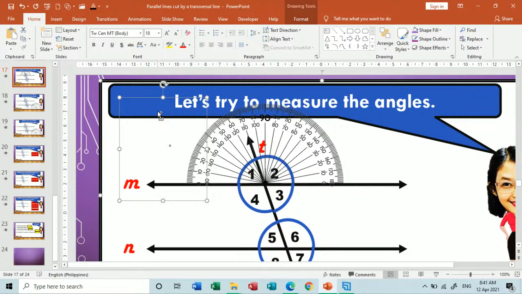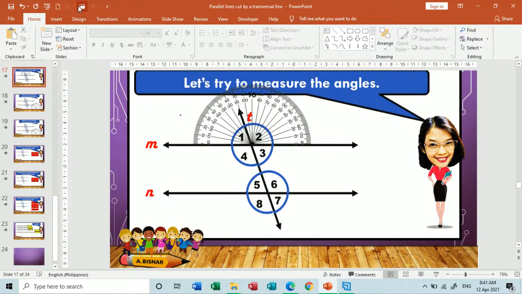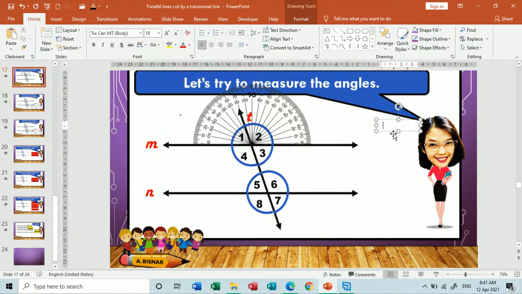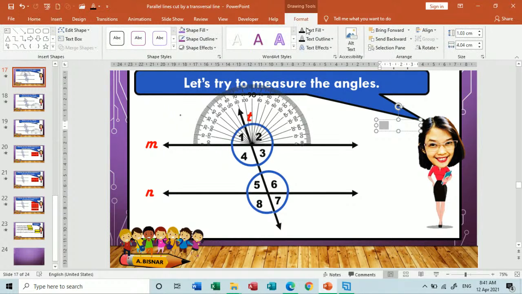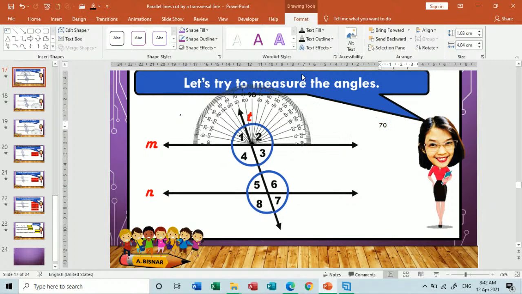Okay, how about the measure of angle 2? I'll just fix this first. Kasi ayaw niyang mag-text box. Yun, 70. The color of it is white. Kaya pala hindi lumalabas.